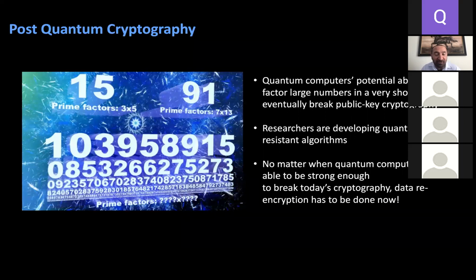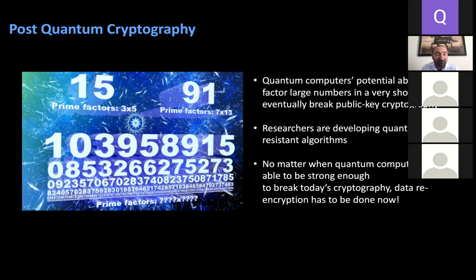Does it mean that we have to wait for quantum computing to become operational before taking action, before replacing our cryptographic algorithms with quantum resistant algorithms? The answer is no. We need to do something now.